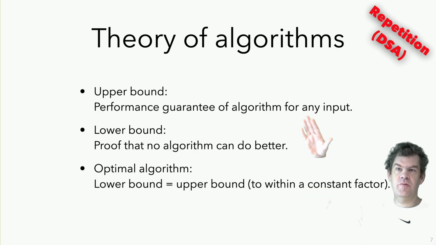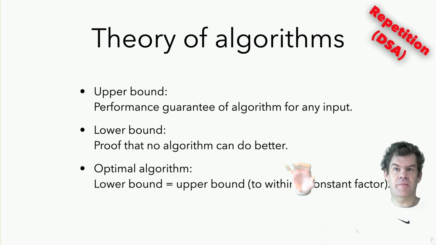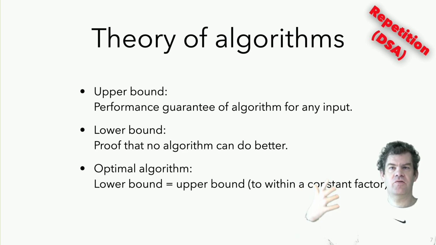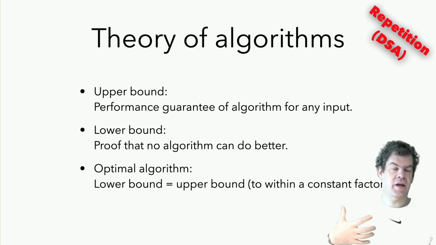And this relates to concepts such as upper bounds, lower bounds, and then ultimately, if the two agree, optimal algorithms. An upper bound can be established by theoretical means, but it's usually established by presenting an actual implementation or algorithm.